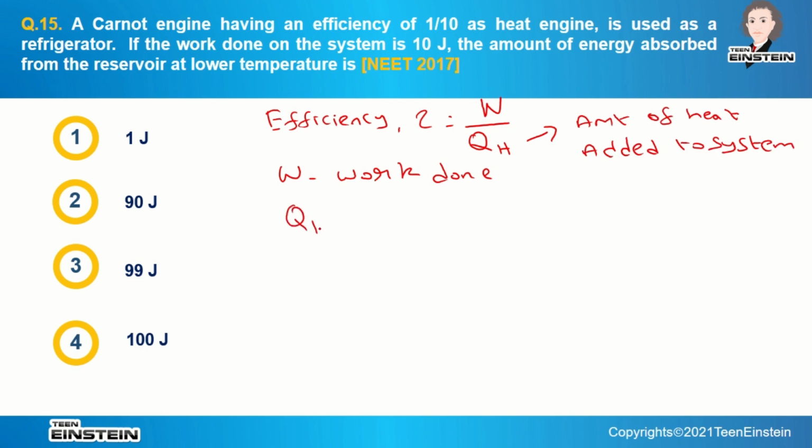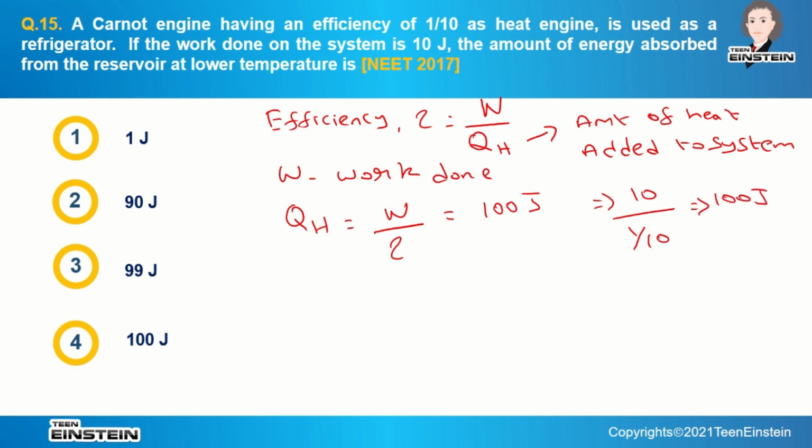So your QH will become W by efficiency. Because W is 10 and efficiency is 1 by 10, this will become 100 joules.